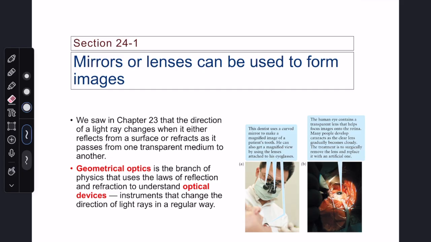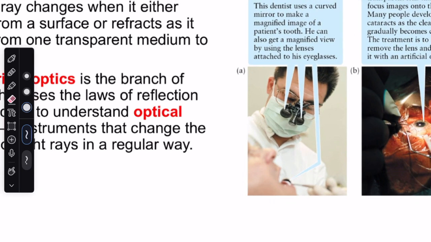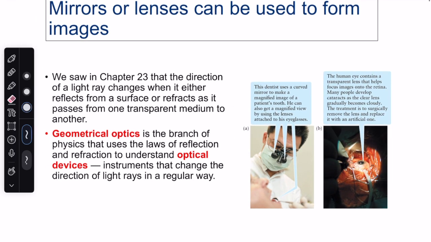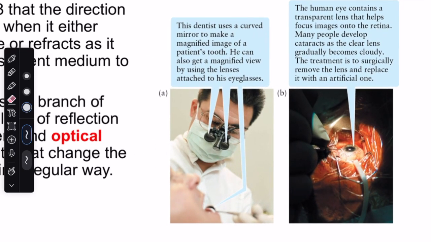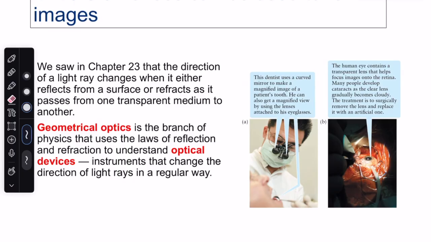And this is important because we use optical devices, optical instruments all the time, like our glasses, contacts, mirrors, right? Dentists use little mirrors to see the back of your teeth. And this kind of horrible looking picture here, right?